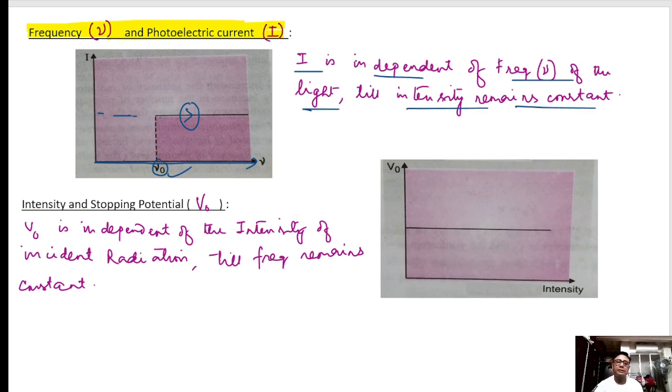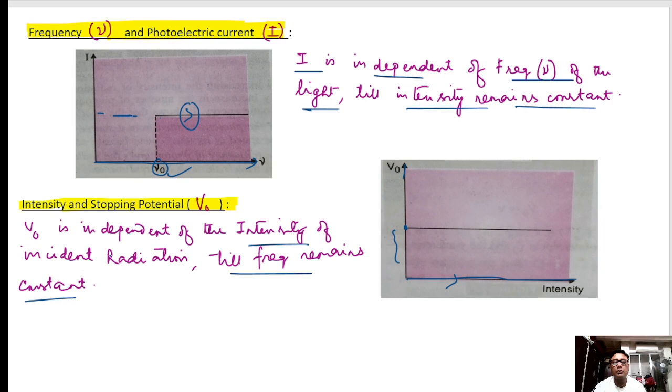Okay. Similarly, relation between intensity and stopping potential. So see, the intensity goes on increasing, and this is the stopping potential. So you will see that after a certain stopping potential, this much value, although intensity increases, stopping potential remains constant.